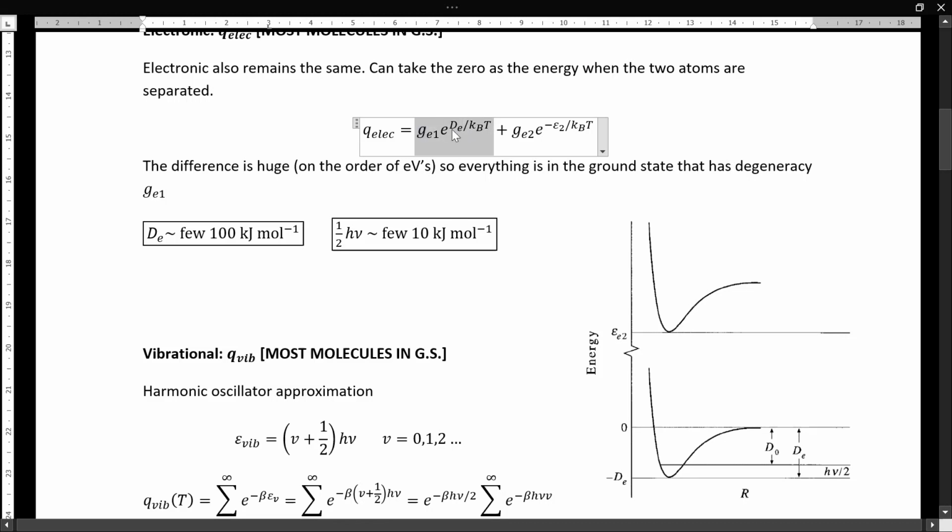So that would be the contribution from the ground state to the partition function, and then the contribution from the excited state would be whatever that excited state energy is multiplied by the degeneracy, e to the power minus excited state energy by kT, and that excited state energy, whatever that epsilon E2 is, would be the bottom part of the excited state curve.